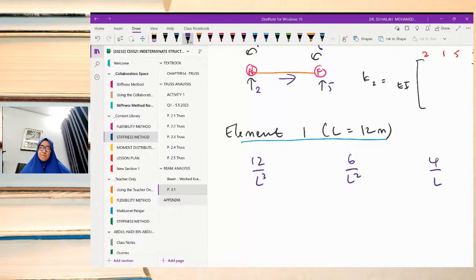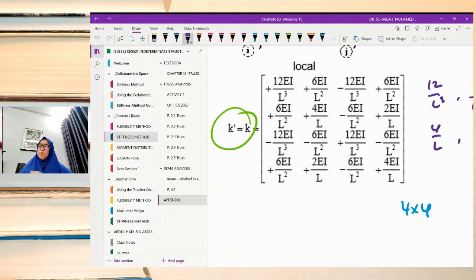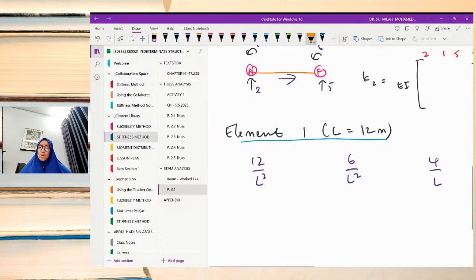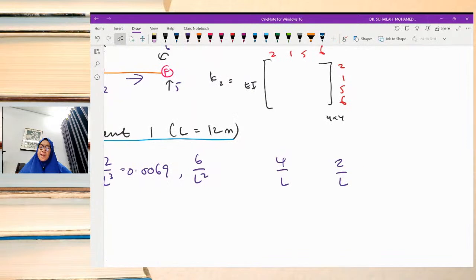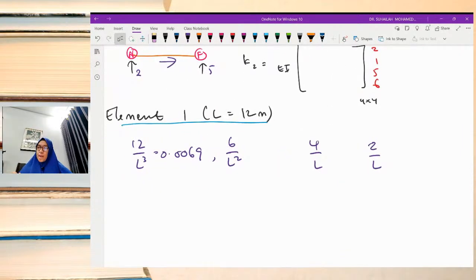Based on the formula, it is 12 divided by L cube, 6 divided by L square, and then we have 4 divided by L and 2 divided by L. Okay, so we get 12 divided by L cube is equal to 0.0096. Okay, now please calculate 6 divided by L square.